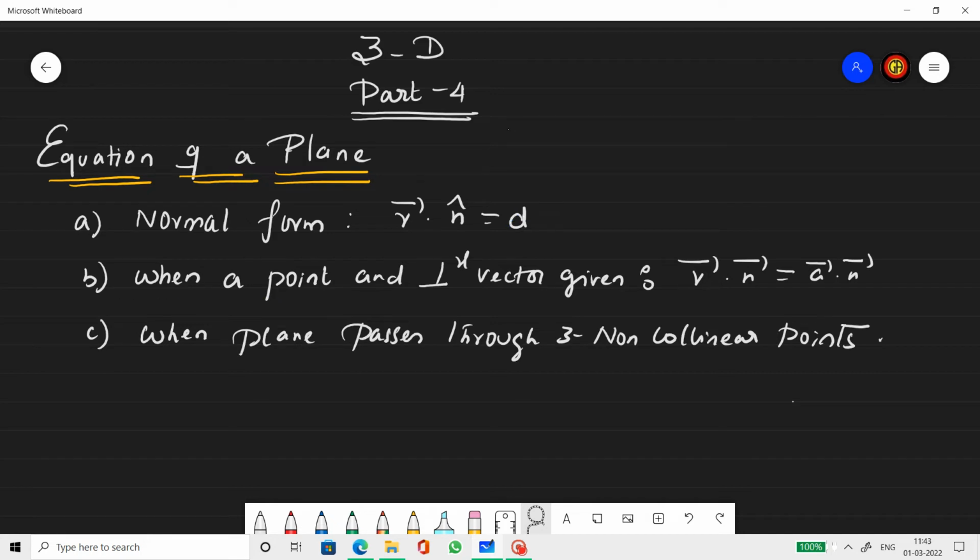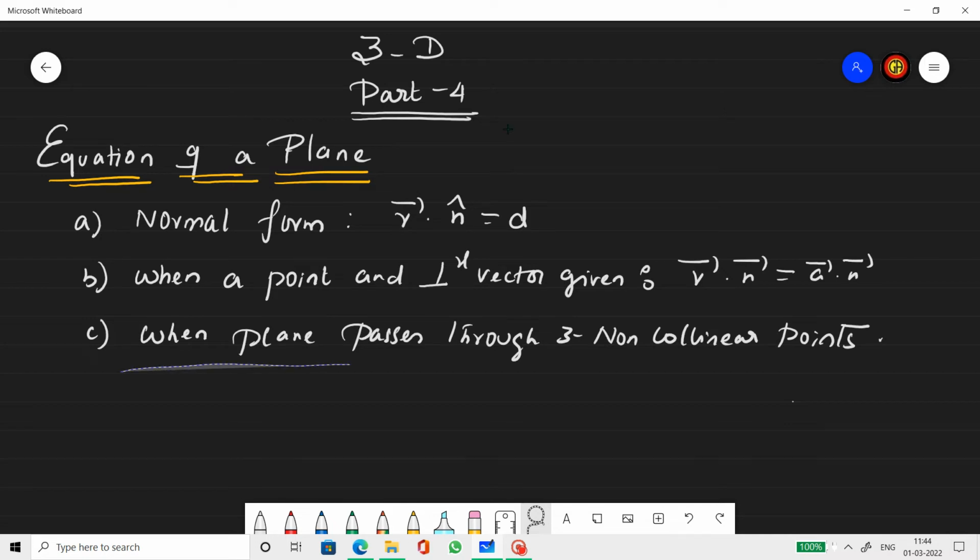Next, equation of a plane when it passes through a point. A plane is passing through a given point and it is perpendicular to a given vector. In that case, the vector form is r dot n vector equals a dot n vector.